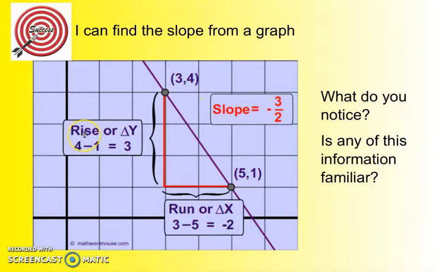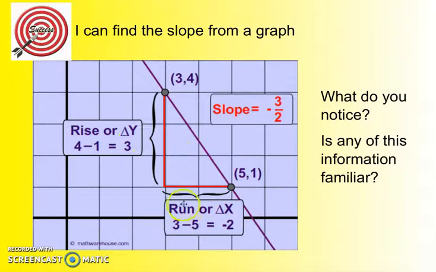And over here, I'm thinking that yes, it is, because it says rise, and then it gives me some numbers, 4 minus 1. And I notice that 4 minus 1 comes from the y-axis. And that's where that 3 came from. 4 minus 1 is 3, so 3 is on top.